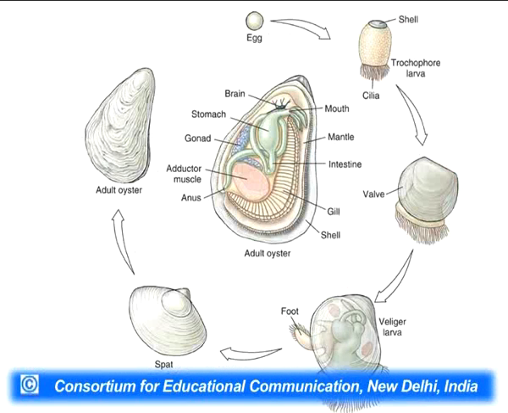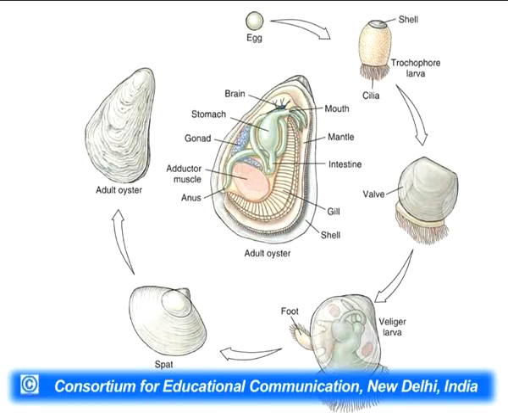In case of reproduction, they have a well developed veliger larva during development. This veliger larva is a free swimming larva, and when it has to change into the adult, it settles down at the bottom and then changes into the adult.